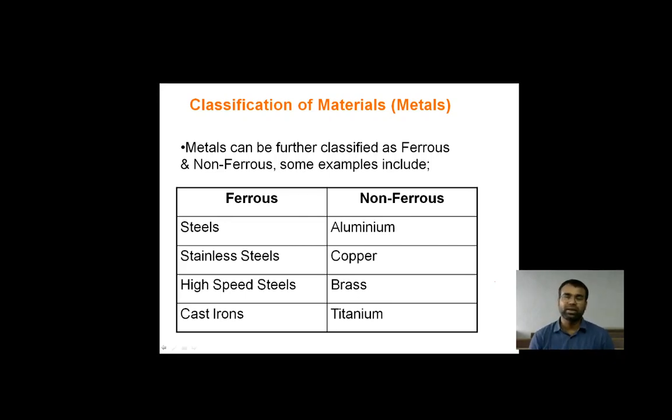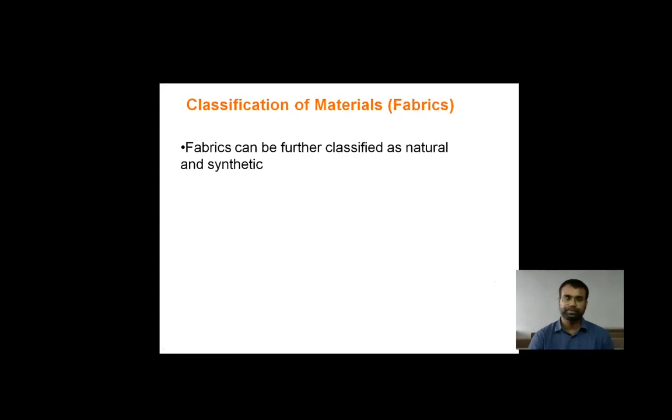The ferrous contains steels, stainless steel, high-speed steel, cast irons, and the non-ferrous contains aluminum, copper, brass, titanium. So these are the various categories of metal which are used to create components.